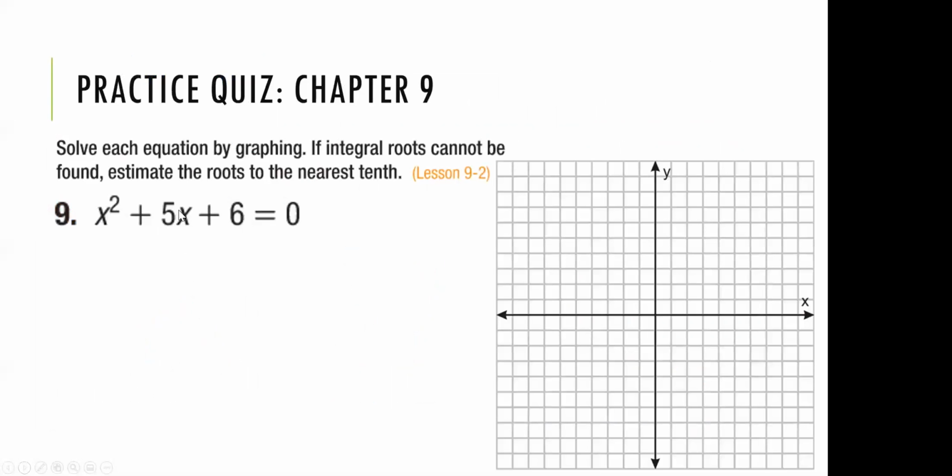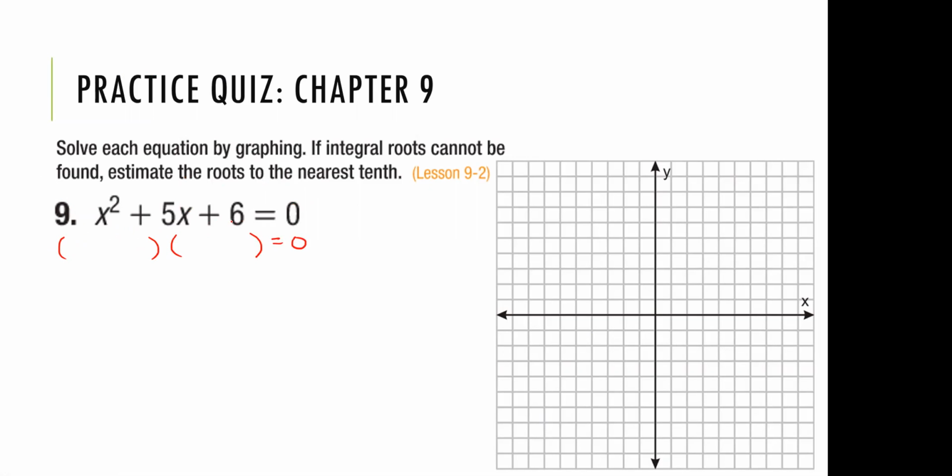All right. So question number 9 says to solve each equation by graphing. If integral roots cannot be found, estimate the roots to the nearest tenth. So here I'm going to first use the axis of symmetry equation to find the... well, actually first I'm going to factor this, because this is factorable.